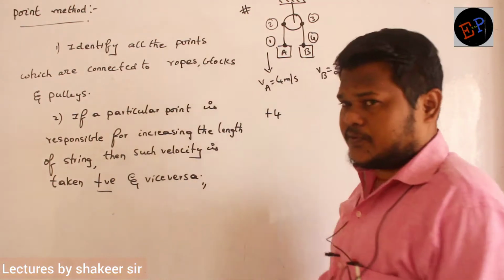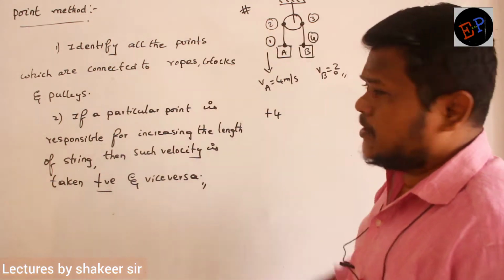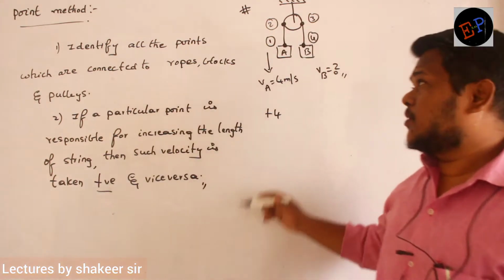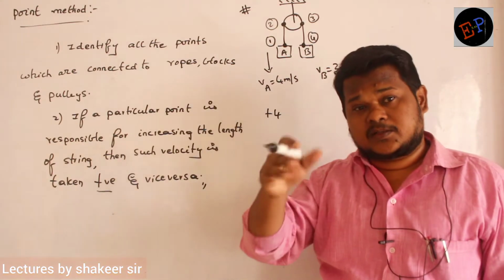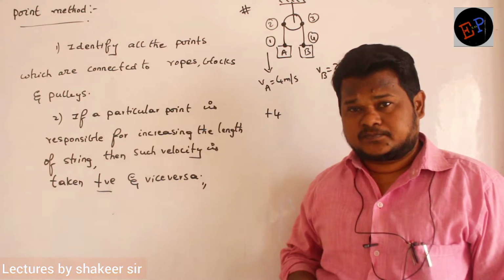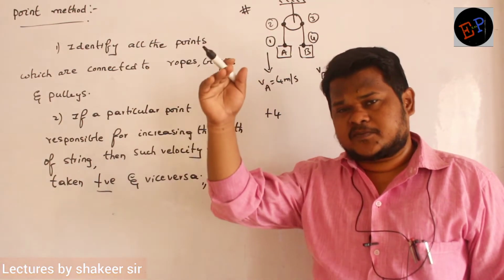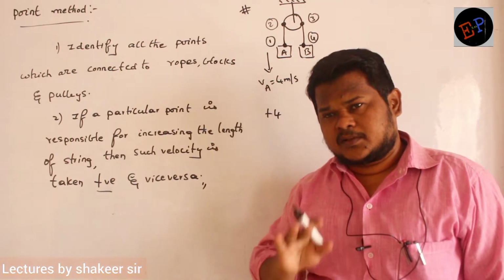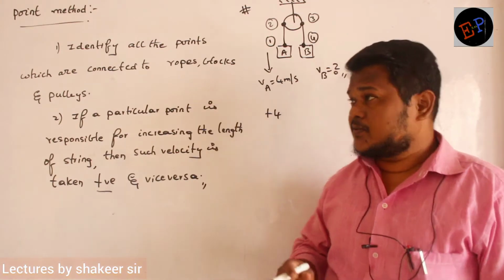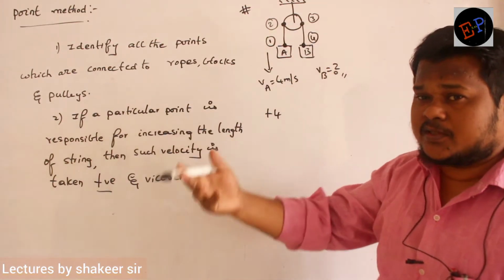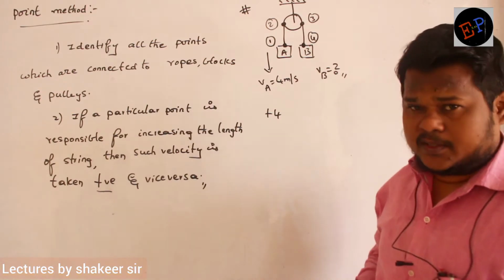Okay, plus 4. Then if you go to point number 2, point number 2 is present on the pulley. Is the pulley moving? No, the pulley is not moving. It is not moving upwards or downwards. It is in rest position. So therefore velocity of this point number 2 is also 0. Are you able to understand now?